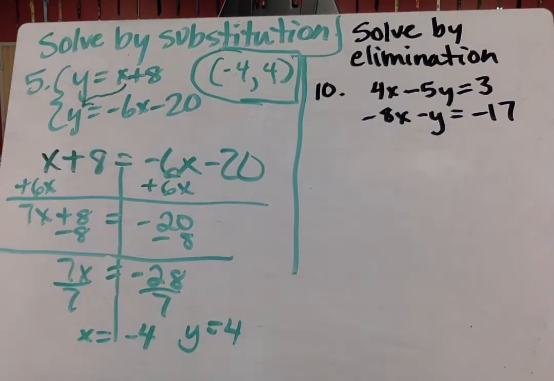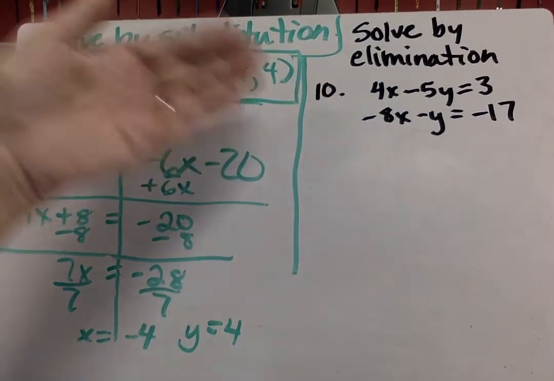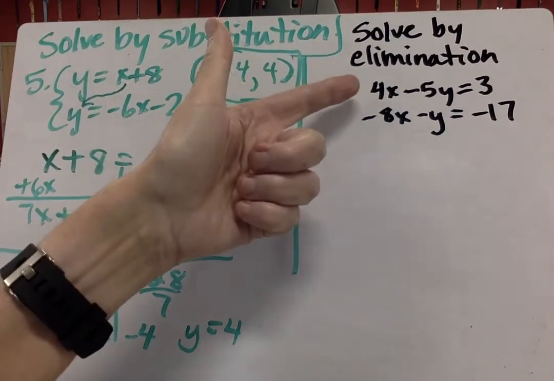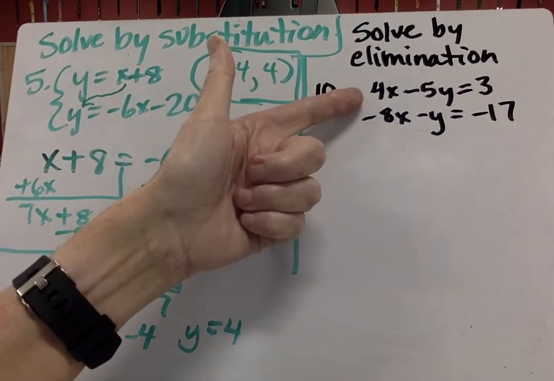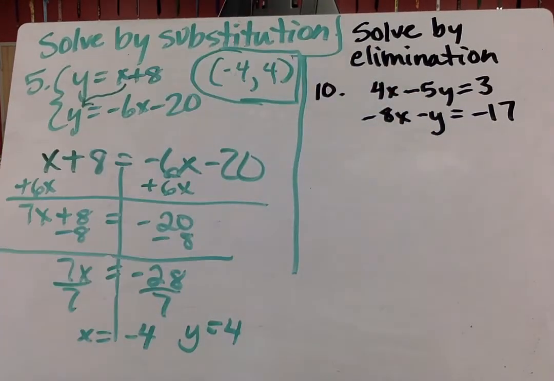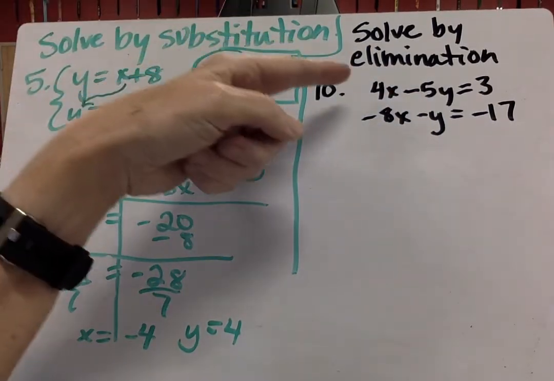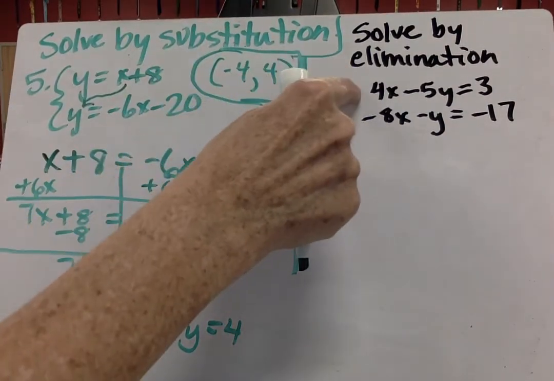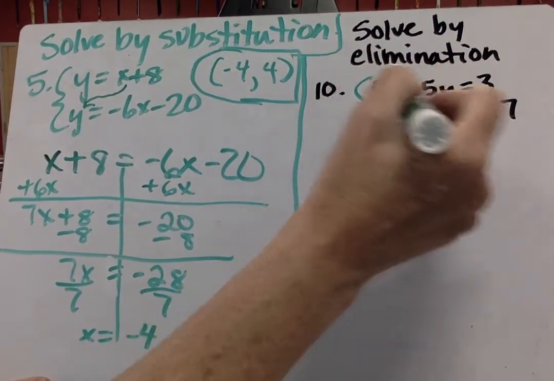Okay. Next, I'm going to solve by elimination. Over here, you have to find opposites when you're doing elimination. So right now we don't have opposites. There's not negative 8x and positive 8x. There's not a negative 5y and positive 5y. So what I'm going to do is I decided I want to get rid of the 4x and make it an 8x so that I can have opposites, 8x up here and a negative 8x, and that will be opposites.